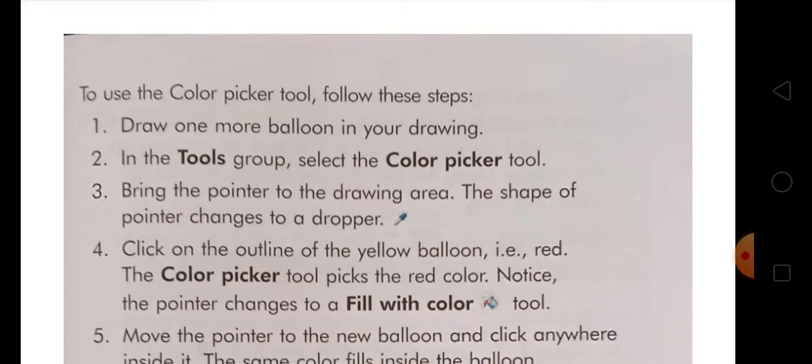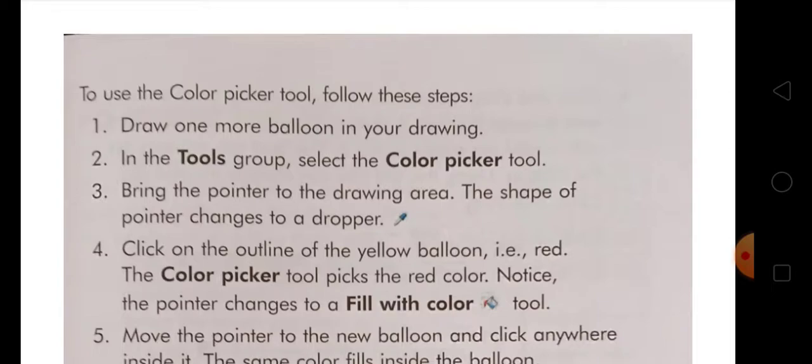In the third step you should bring the pointer to the drawing area. When you bring the pointer to the drawing area, the shape of the pointer changes to a dropper, okay.